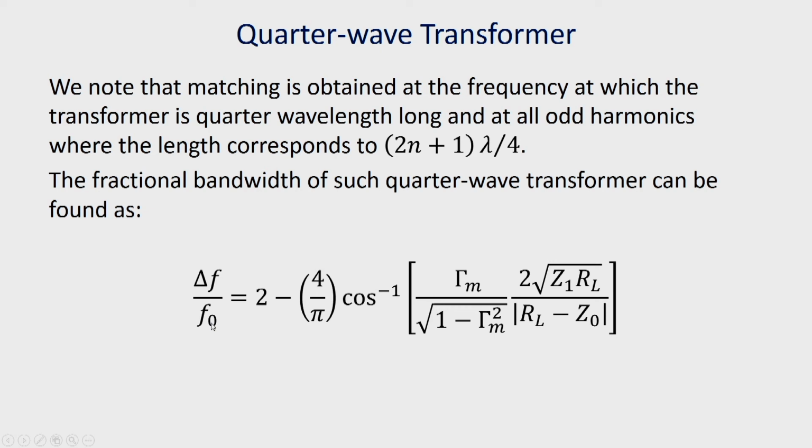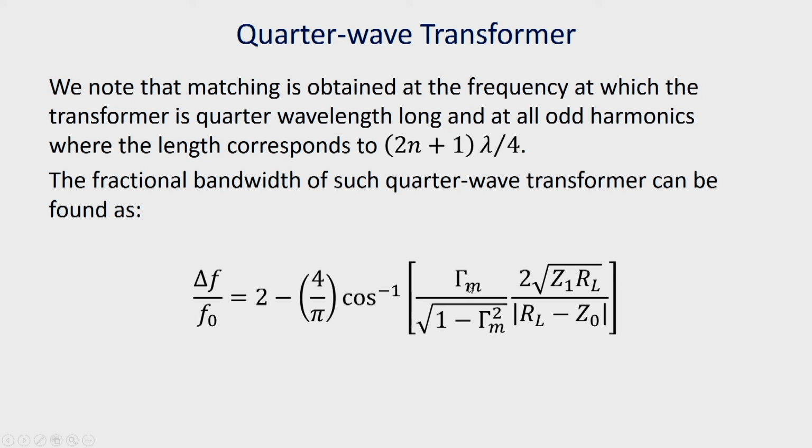F naught is the operating center frequency and delta f gives the frequency deviation from f naught. This can be found out, and it is given by this expression: 2 minus 4 by pi cos inverse gamma m.